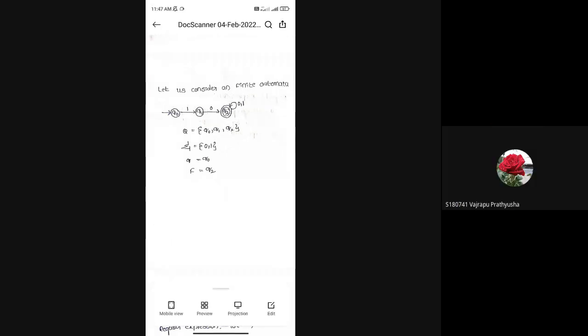Before constructing the regular expression for this finite automata, we need basic knowledge of the regular expression operators. We use the star, dot, and plus operators in regular expressions. For representation of OR operations, we use the plus operator.